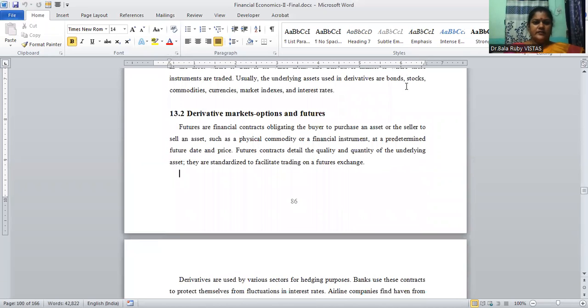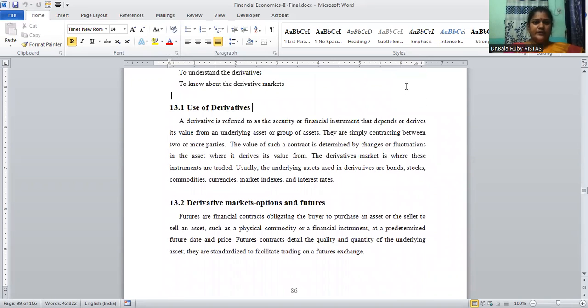Let us concentrate on the use of derivatives. A derivative is referred to as a security or financial instrument that derives its value from an underlying asset or group of assets. They are simply contracts between two or more parties.